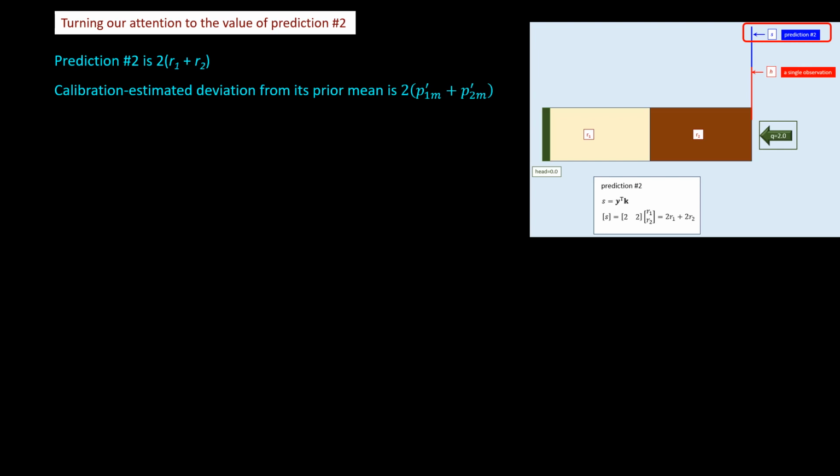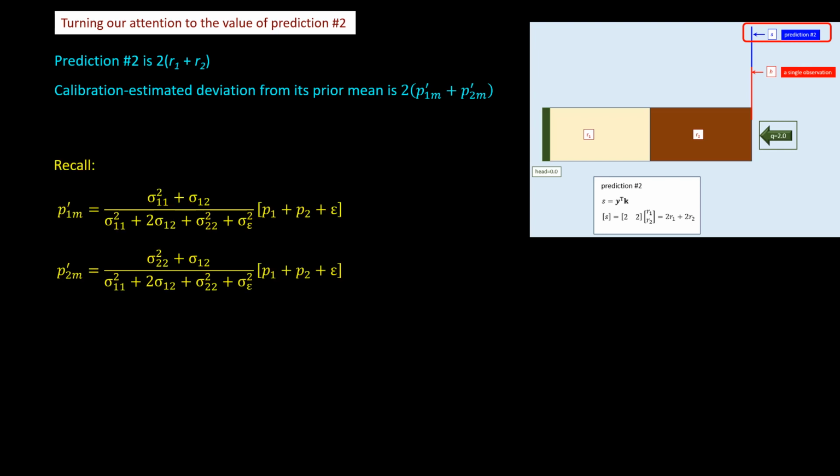Now recall from just a moment ago that we calculated the posterior perturbations from their prior means of R1 and R2 using these yellow equations. Now let's sum them so that we can obtain the value of prediction number 2. Let's sum them and multiply by 2.